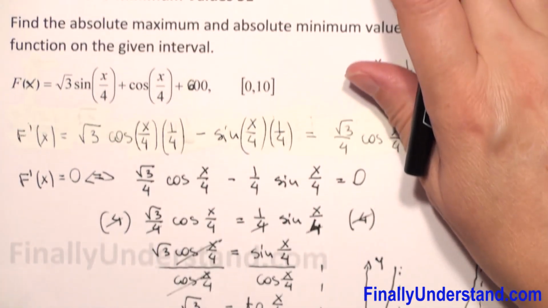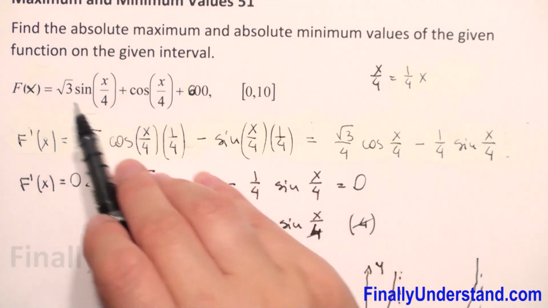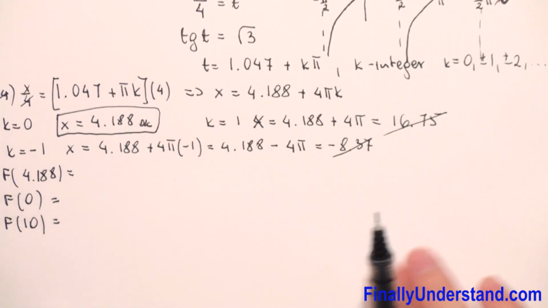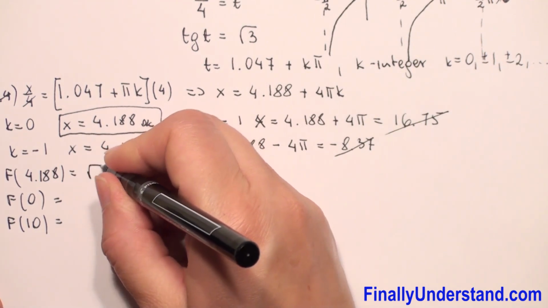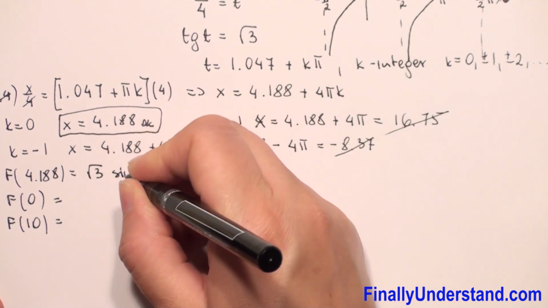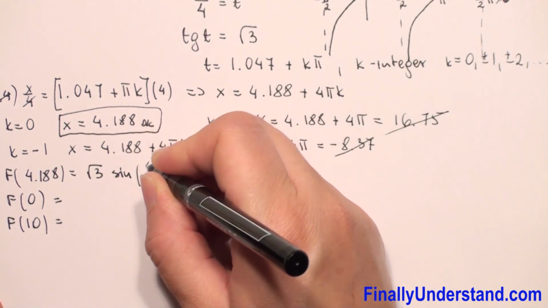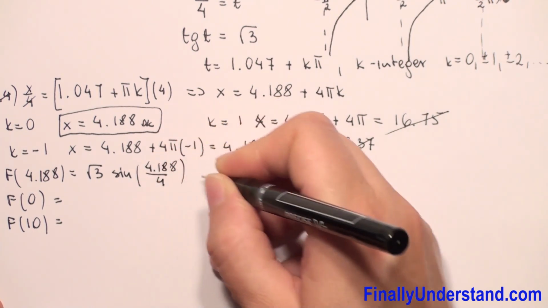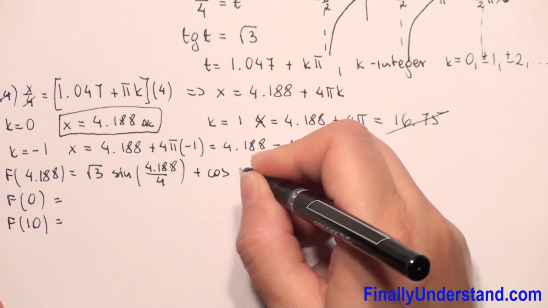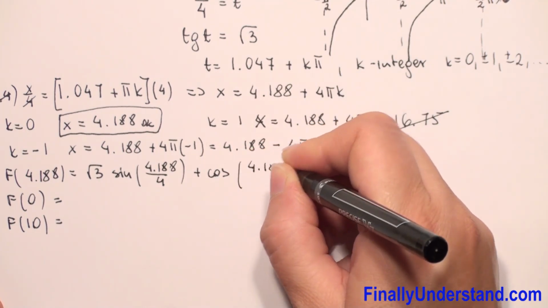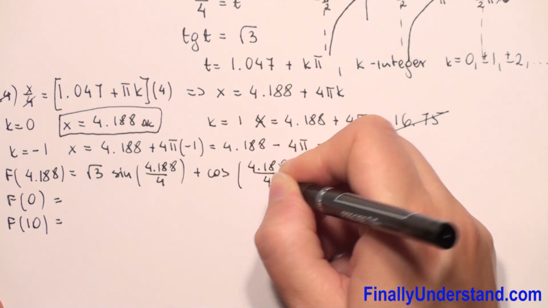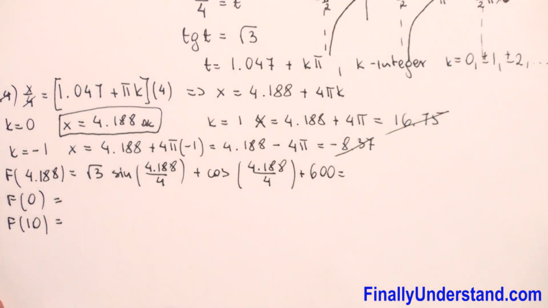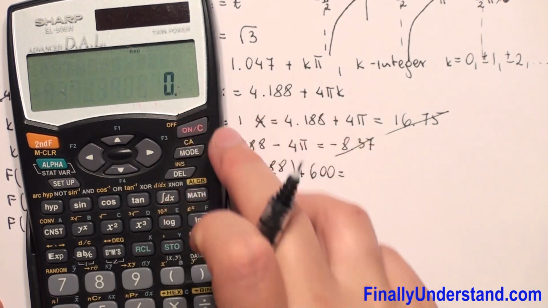So it means we have to replace x's in the original equation by these values. So we have square root of 3 times sine 4.188 over 4 plus cosine 4.188 over 4 plus 600. This is equal. You can use calculator.